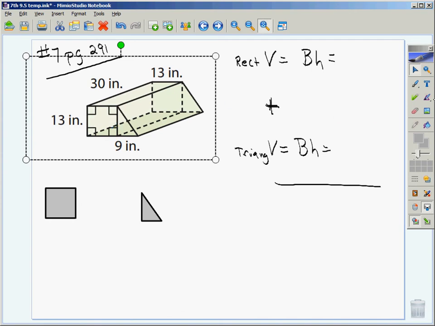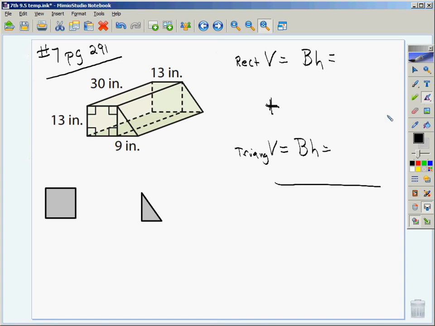Now, remember that the height is the distance between these bases. How far is it from the front of this shape all the way back here to the back? 30 inches. And it happens to be the height for both pieces. Okay? Everybody see that?